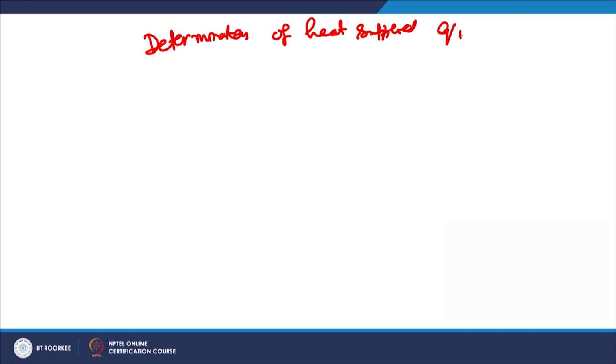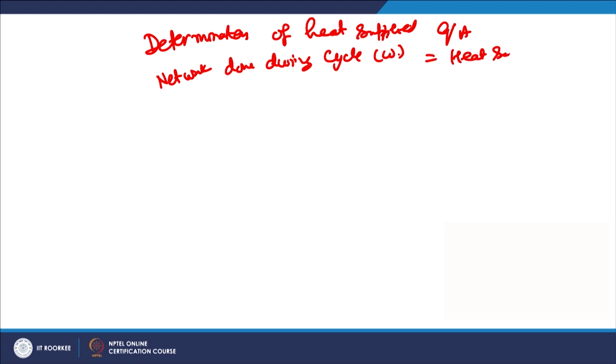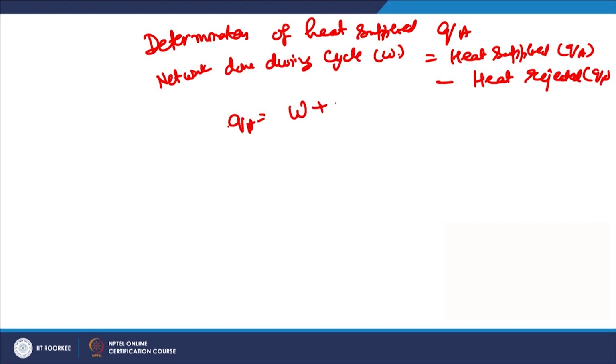That is sometimes referred to as QA. So it is given as net work done during cycle is equal to heat supplied QA minus heat rejected QR, or QA is equal to W plus QR.